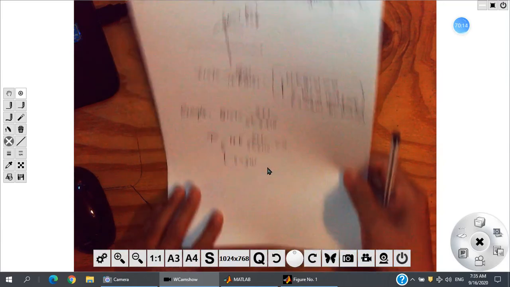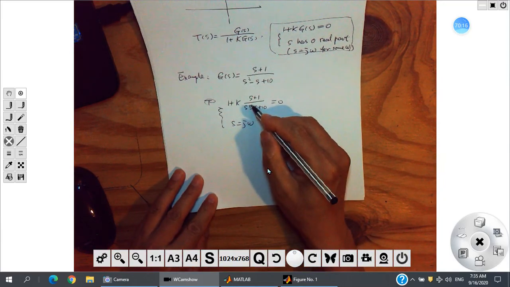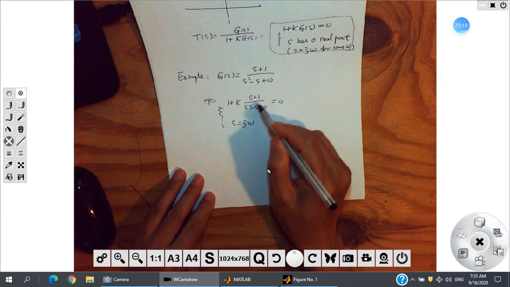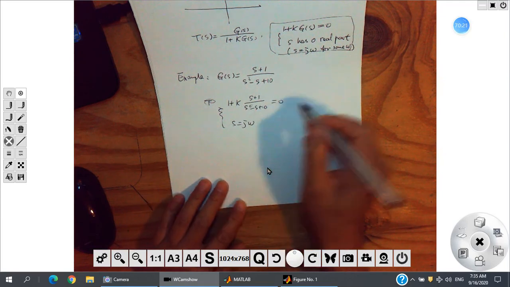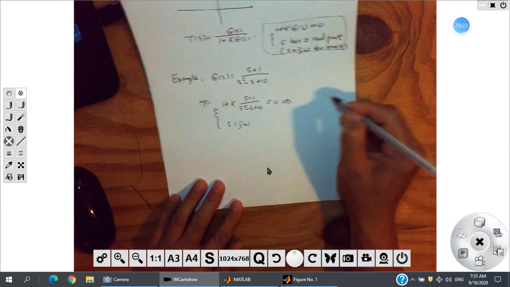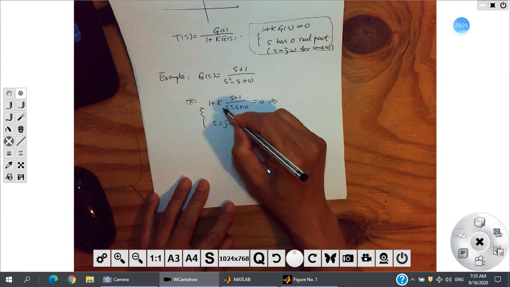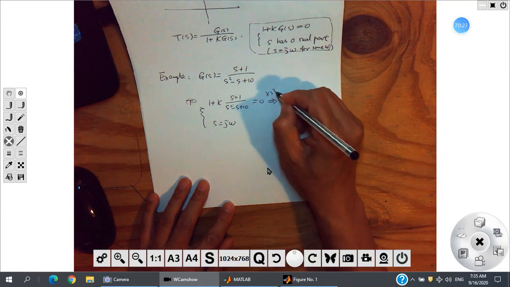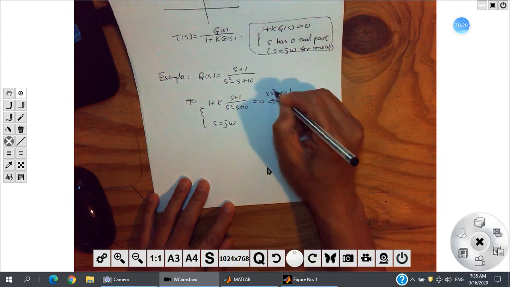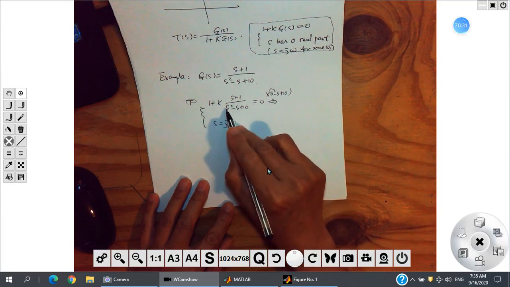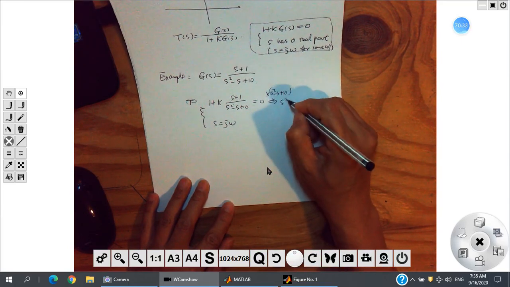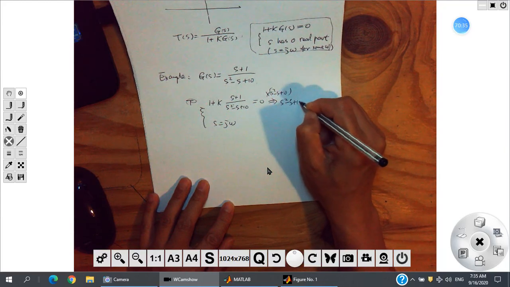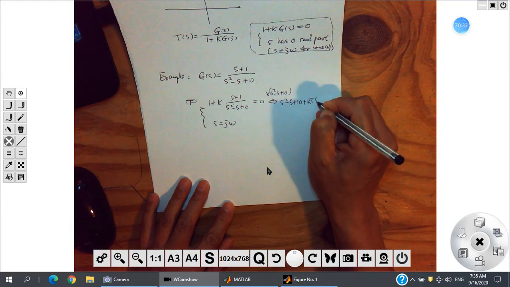So you want to solve it, I can plug in, and this is a fraction, so I can rewrite this in a polynomial, right? I multiply by S squared minus S plus 10 on both sides. This side I have S squared minus S plus 10 plus K times S plus 1.